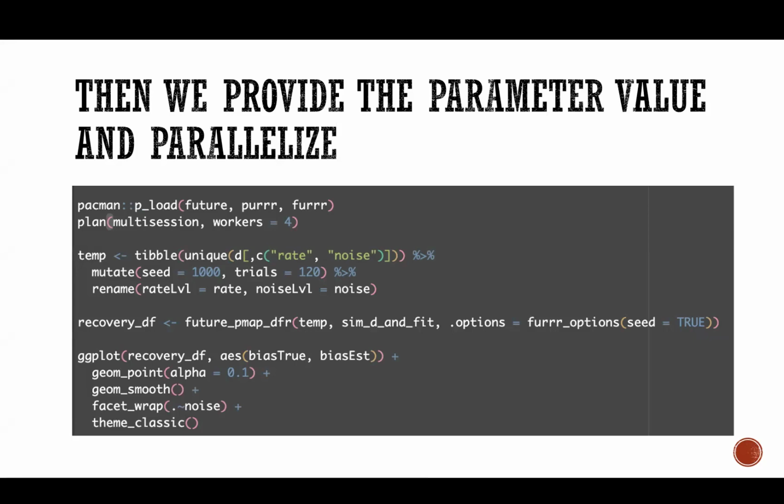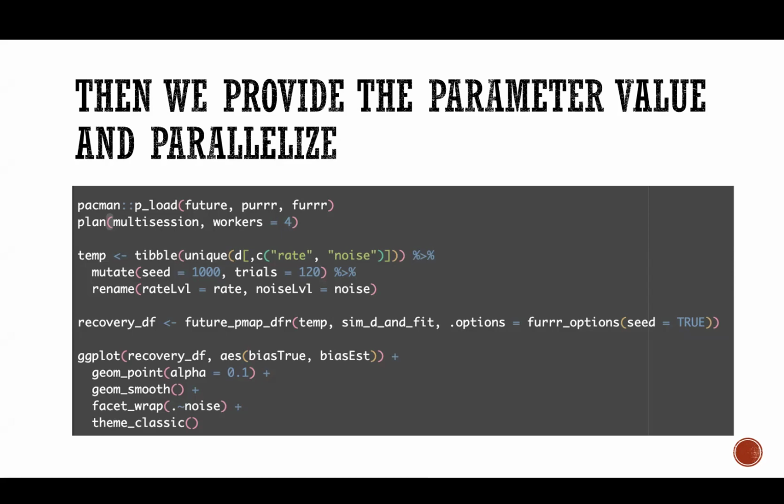In this case, it's to a pmap function, parallelizing map, using the package called future or furrr. That makes things easier. We feed it the set of parameter values and the function, and then it runs it throughout the cores that are available.